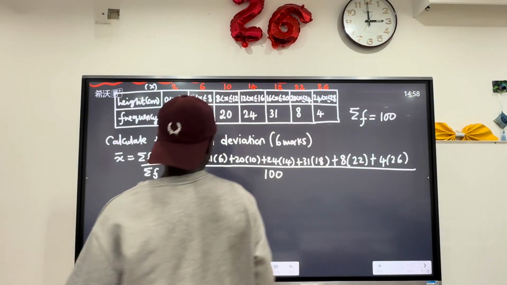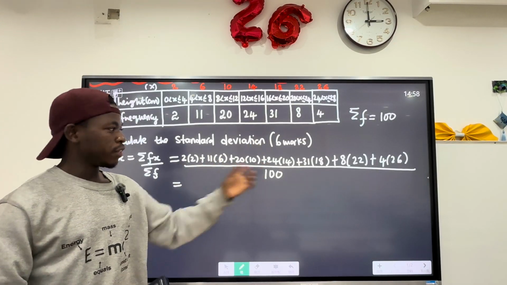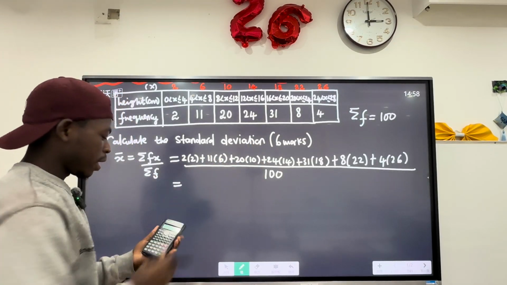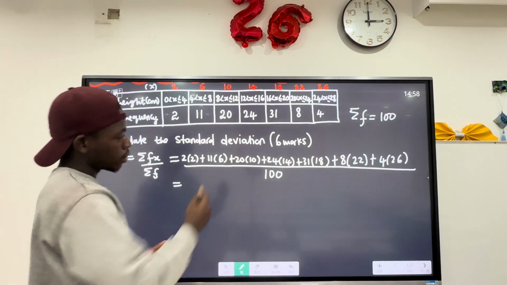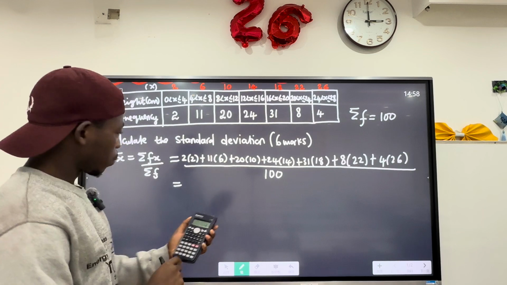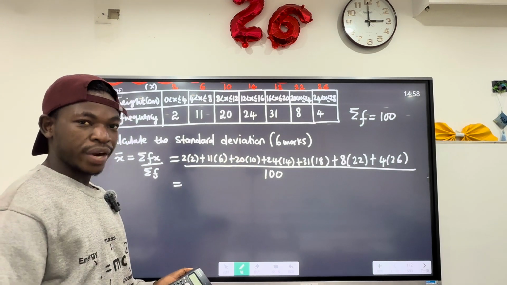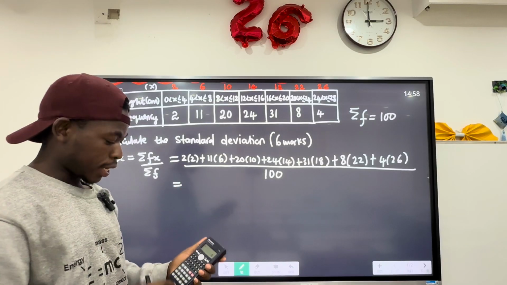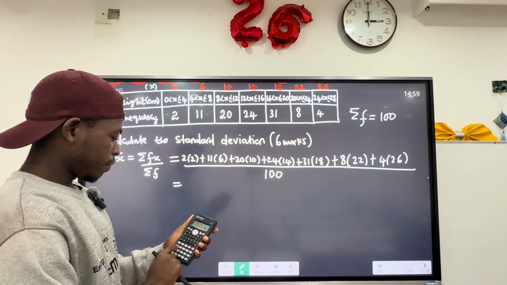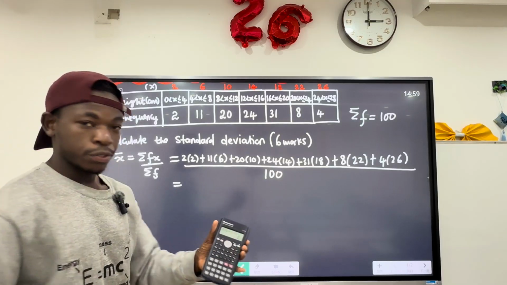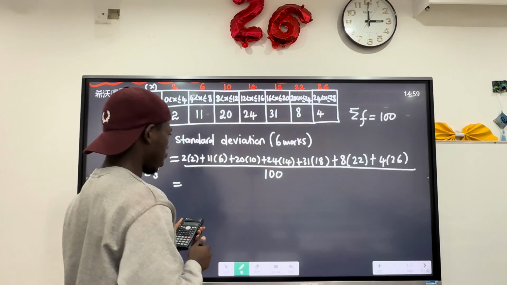Then how do we get the mean here? We need to multiply these, add, then divide by 100. You need to be very careful with your calculator. Don't make mistakes here, because students easily make mistakes here. Write it the same way you're seeing it on the board, opening the brackets as well. So 2 multiplied by 2 plus 11 multiplied by 6, and you write like this throughout for every multiplication.